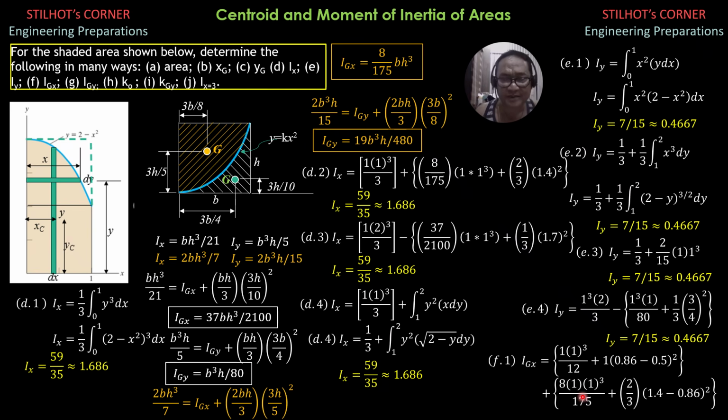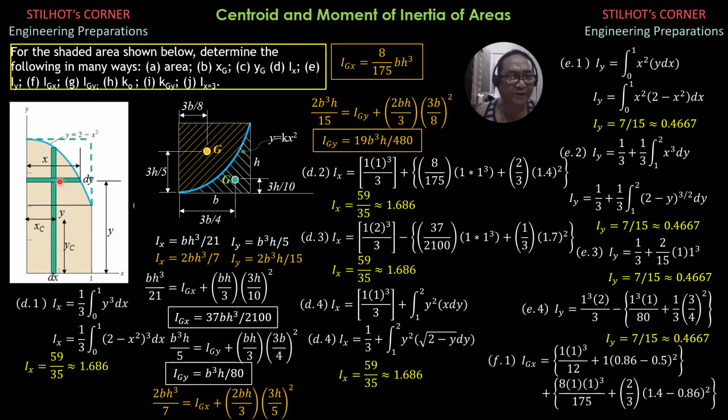cube. That one. The area of the parabola, this parabola here, is 2/3. And the distance, because this is 3/5 of 1, 0.6, so distance from the bottom, 1.4, 2 minus 0.6. And the distance of the centroid is here, 0.86. YG is 0.86. So that's why we have to square the distance of the centroid of the parabola to the centroid of the entire area, 0.86.